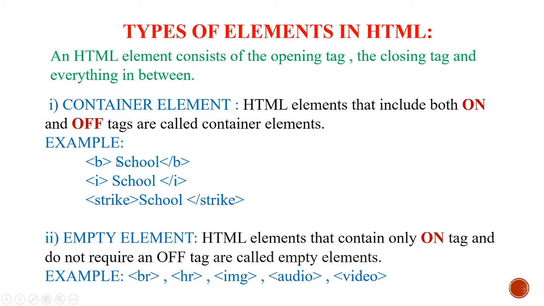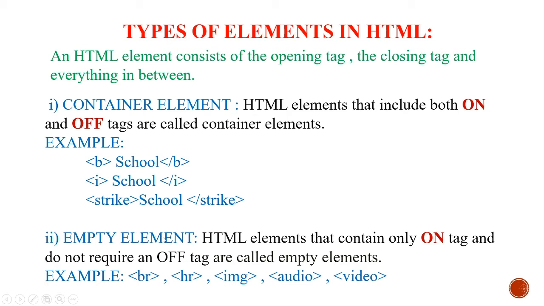If you want to make the school bold, we use the B tag, and this tag should be inside the angular bracket, and after opening this tag, you need to close the tag with the forward slash. So the tags that you need to close are known as container tags. They include both on and off tag.